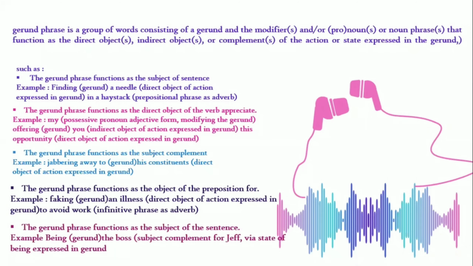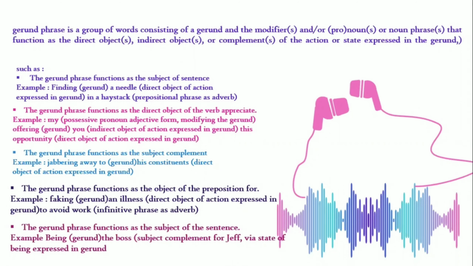First, the gerund phrase functions as the subject of the sentence. For example, finding, the gerund, a needle, direct object of the action expressed in the gerund, in a haystack, prepositional phrase as adverb. Second, the gerund phrase functions as the direct object of the verb appreciates.